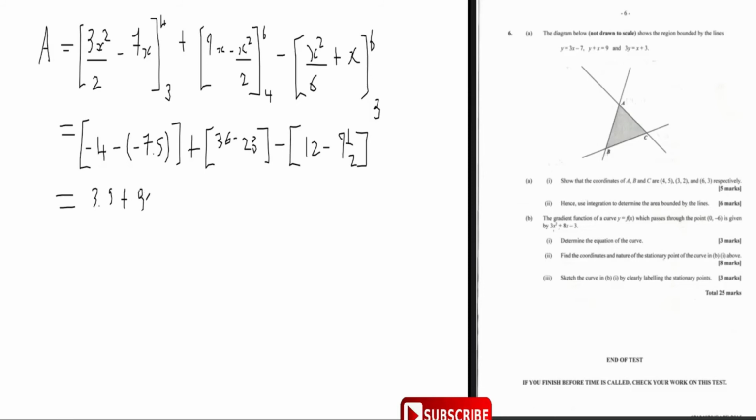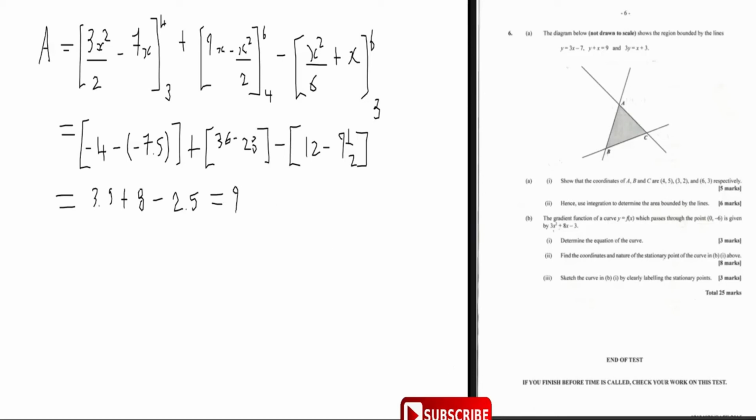It's positive. Minus 12 minus 9.5. 12 minus 9.5 is 2.5. What we're getting is 3.5 plus 8 minus 2.5. I'm getting 9. All right.